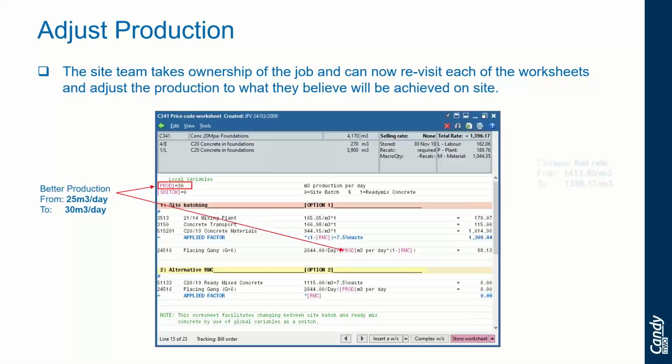Better production from 25 to 30 cubes of production per day, and you will see clearly the effect that it has on the net rate, from 1413 to a decreased rate of 1396.